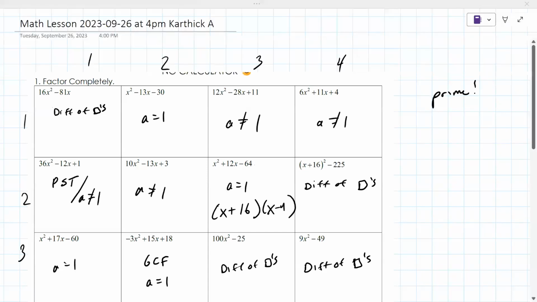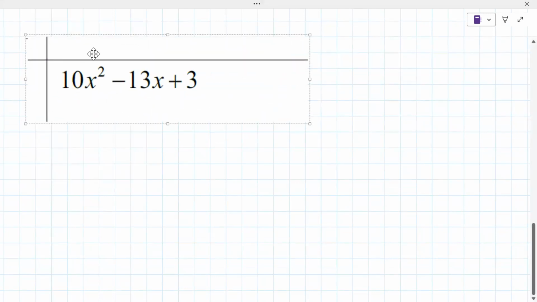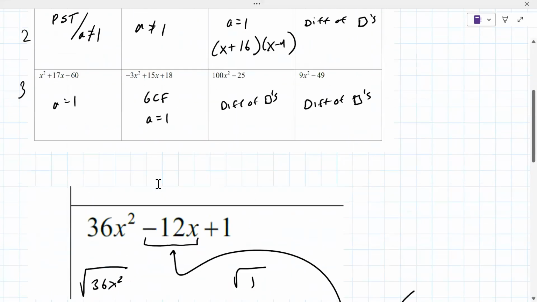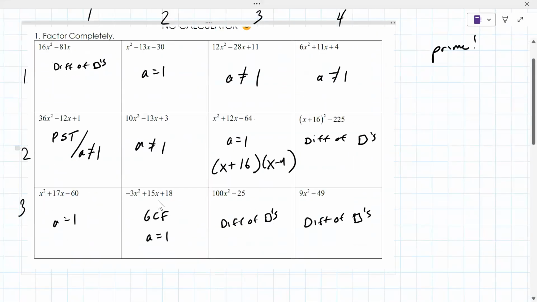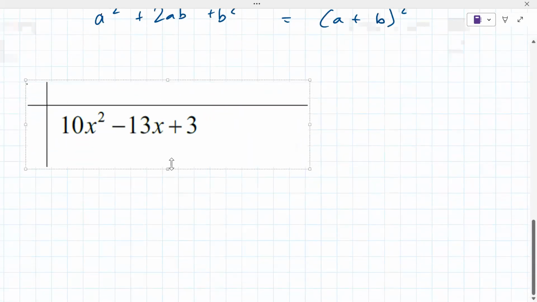The leading coefficient being a constant besides one gives away what the type is. You also want to always be on the lookout for a greatest common factor that goes into all three terms. That's where row 3, column 2 has the appearance of being like the one you did, but negative 3 goes into all of them. That's a time-saving thing to be on the lookout for.